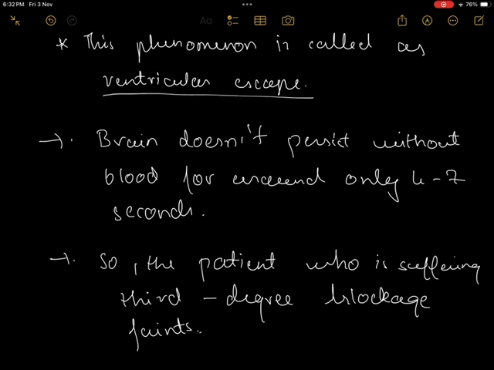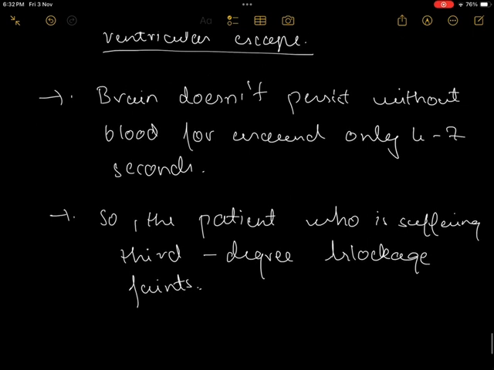So the ventricles start contracting on their own, and immediately the blood supply increases due to the contraction of ventricles, and this leads to rapid recovery and helps sustain the patient from the less blood supply to the brain.